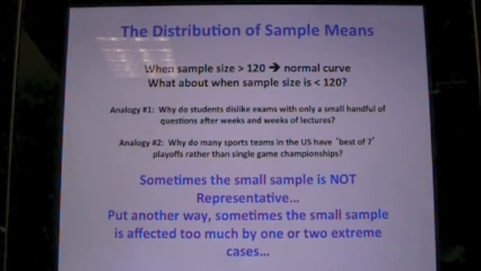But in the Super Bowl, the one-timer event, one single outstanding play or series of plays can affect the overall outcome much more so. And this is sort of an example of the distribution of sample means in the normal curve versus the t-distribution.